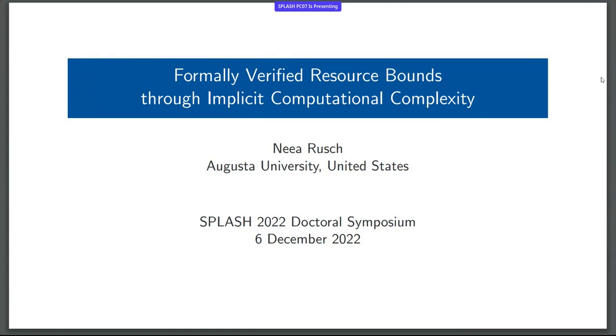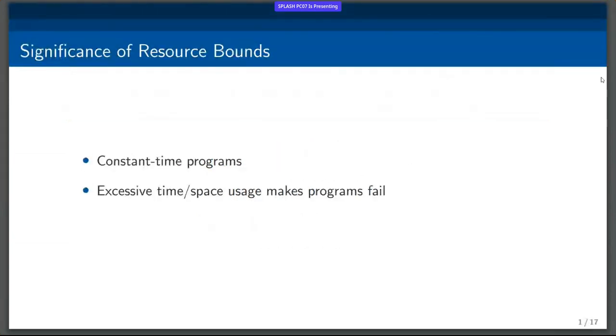If you look at my title, you should get the hint that I'm really interested in resource bounds, and I want to convince you that resource bounds are exciting. So just a few examples. In security, there's the idea of constant time programs. That doesn't mean it runs in constant time, but that you don't branch on secrets.